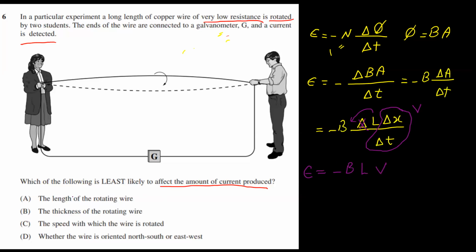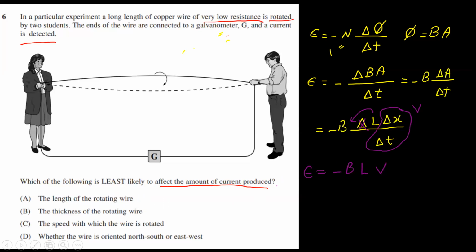Let's see here. Which of the following is least likely to affect the amount of current produced? The length of the rotating wire, as we can see in the formula, definitely affects that. The speed, yes, it affects that. Whether the wire is orientated north-south or east-west, yes, it affects the magnitude of epsilon. Why?